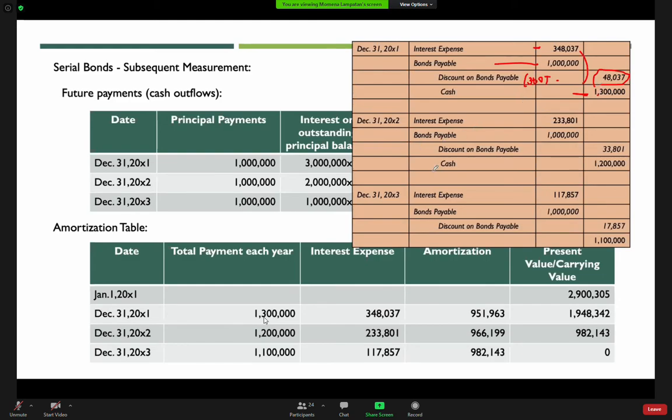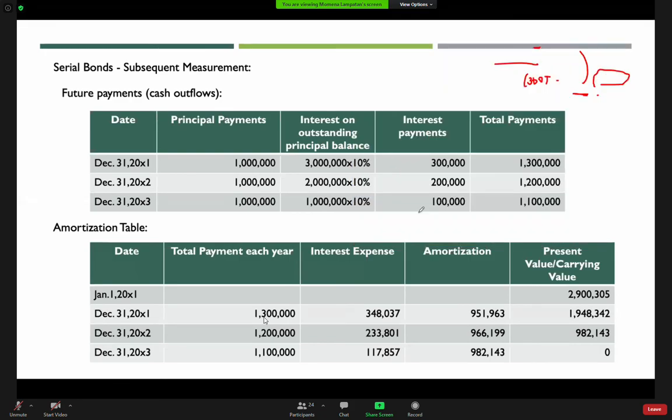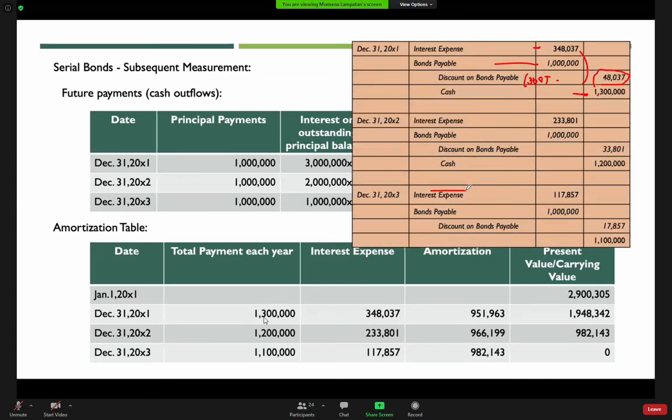Then, pagdating ng second year, 200 na lang ang interest payment natin. Ito, 200 na lang. Kasi ang outstanding balance ng bonds ay 2 million na lang. Kung magti-T account kayo, for December 31, ang ending 20X1, ang ending balance ng bonds payable is 2 million. Kasi nabayaran na yung 1 million.